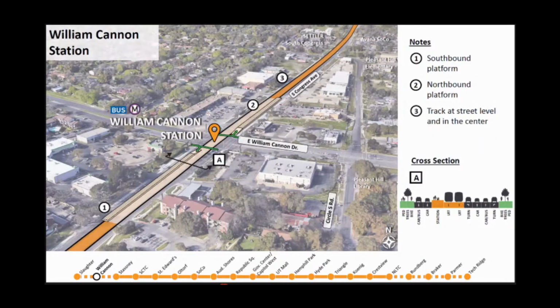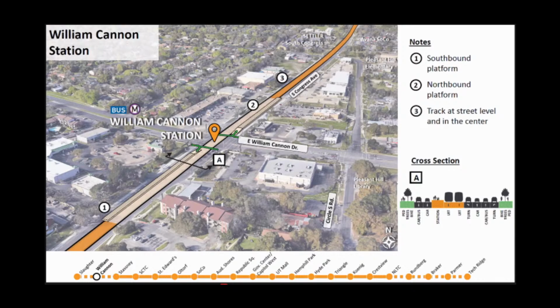As we approach William Cannon, you can see that the station would be split on both sides of the intersection. This means the southbound platform would be located south of the intersection, and the northbound platform would be located on the north side. This allows for a narrower station and can accommodate left turns without additional right-of-way needed.